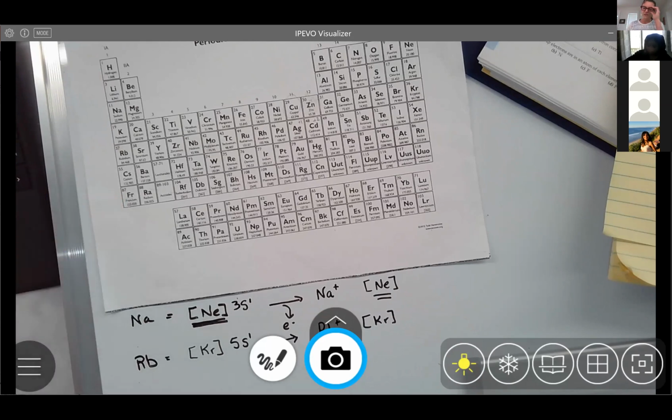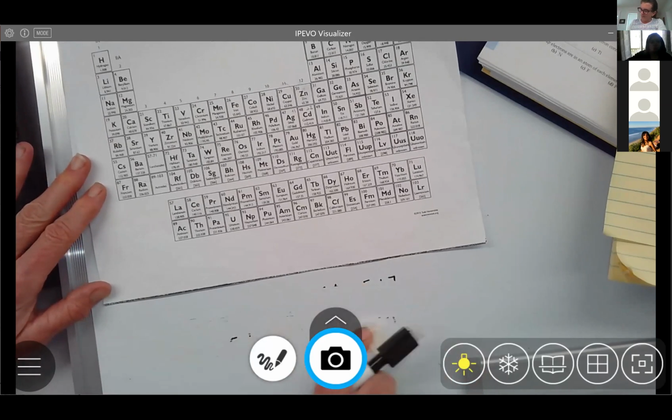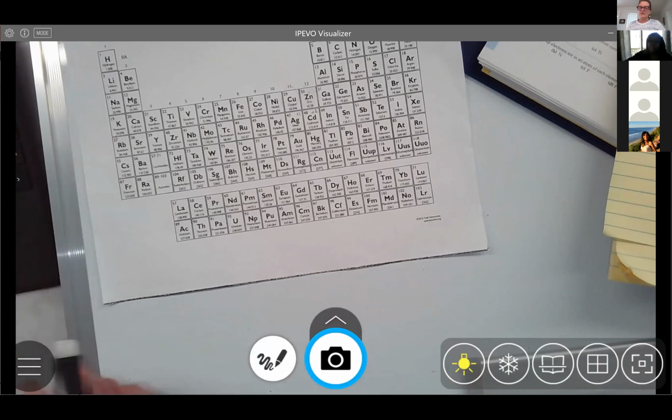And the other question is, why do group 7 elements become -1? It's also because when they become that kind of ion, they obtain a noble gas configuration.